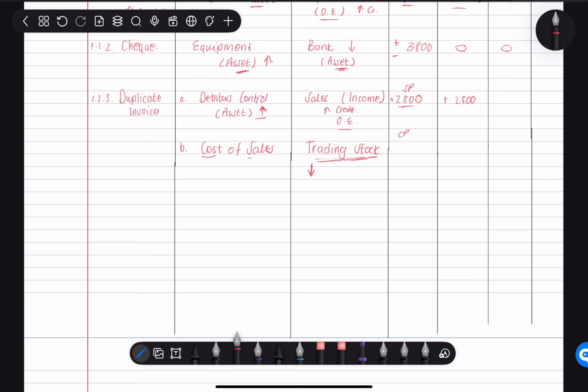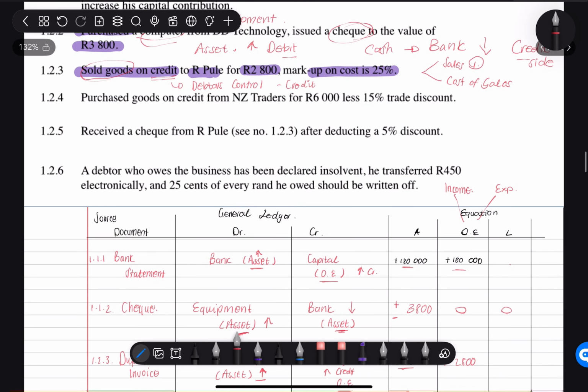So we're told the amount is 2,800 and we've got a markup of what? 25.